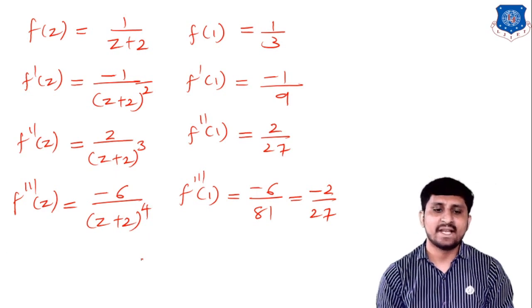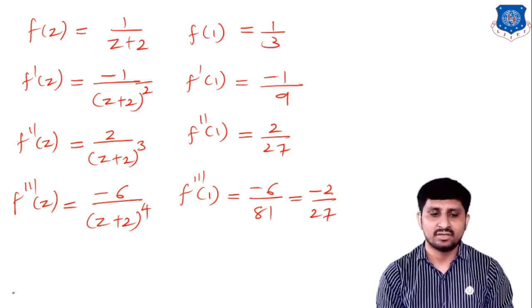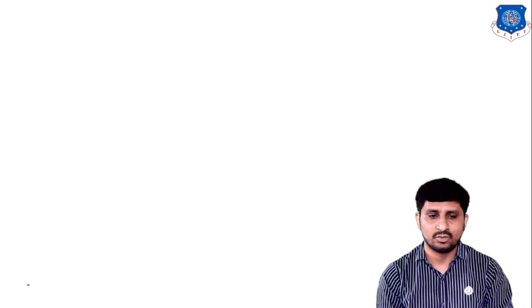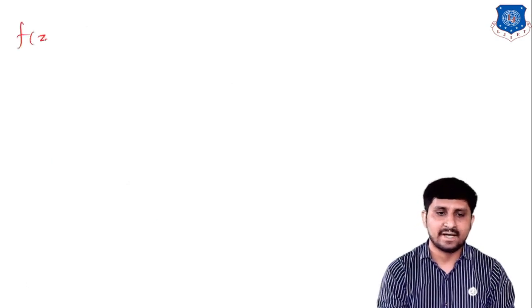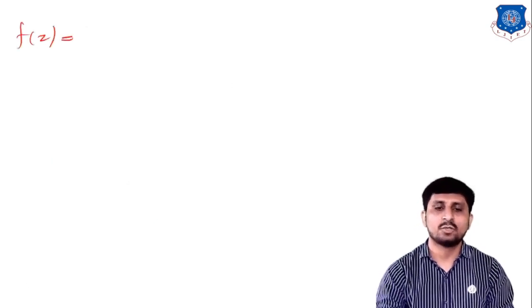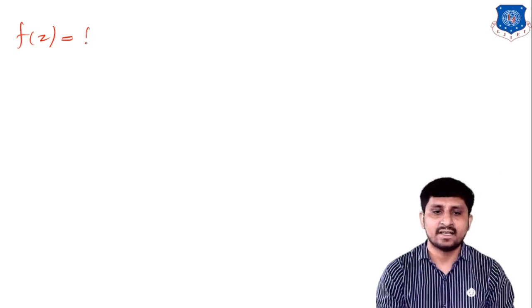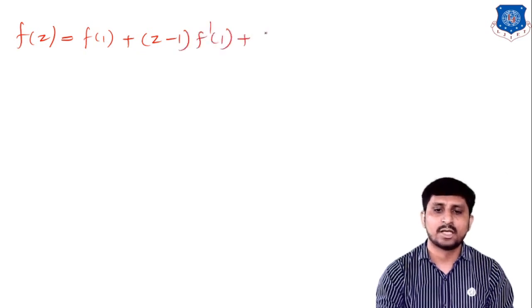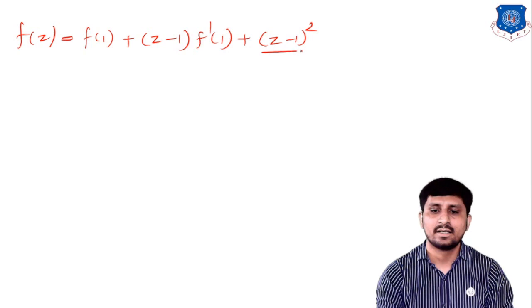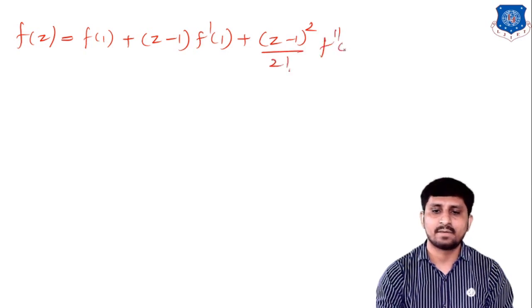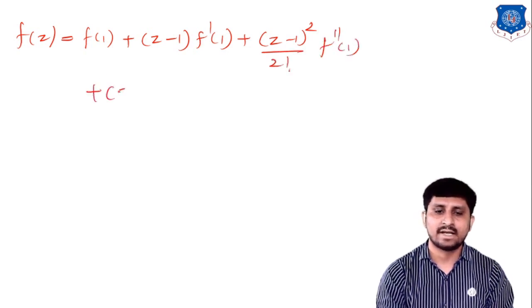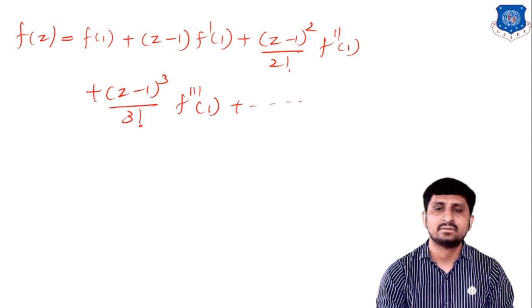Now put all these values in the equation. Don't forget the original equation: f of z is equal to f of a, but a is here 1. So f of 1 plus (z minus 1) into f dash 1 plus (z minus 1) square divided by 2 factorial f double dash 1 plus (z minus 1) cube divided by 3 factorial f triple dash 1, and so on.